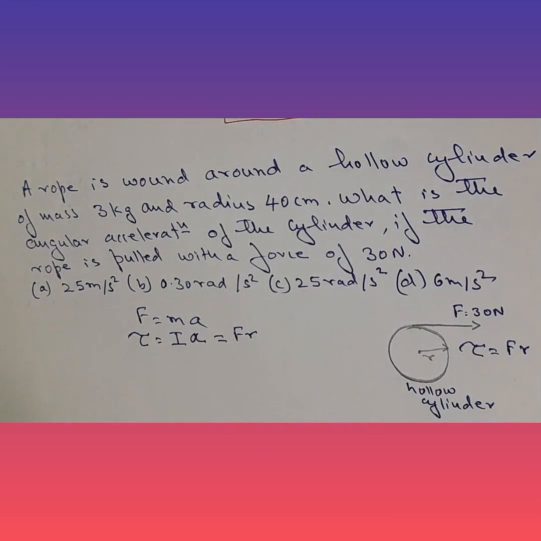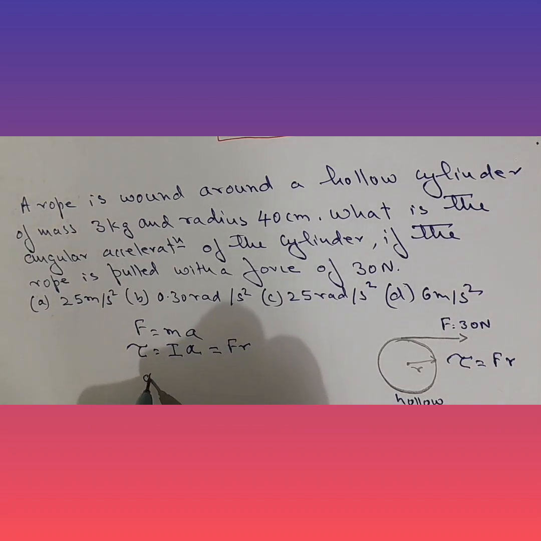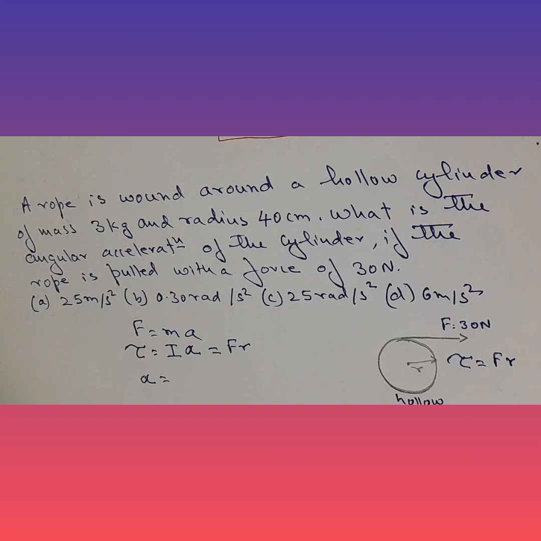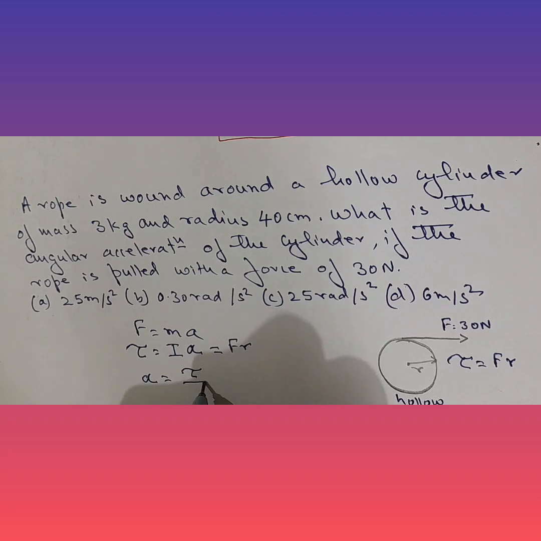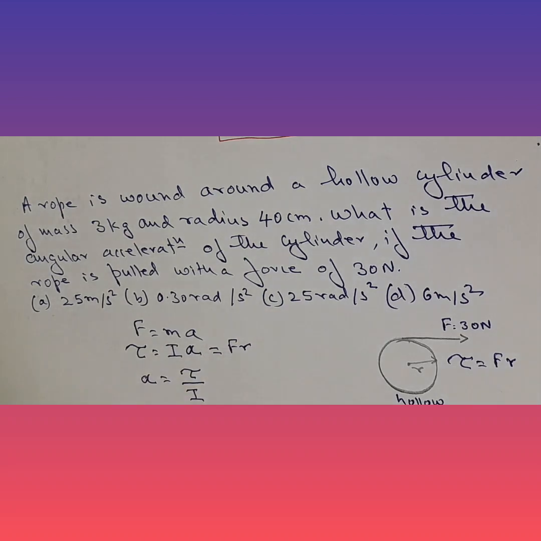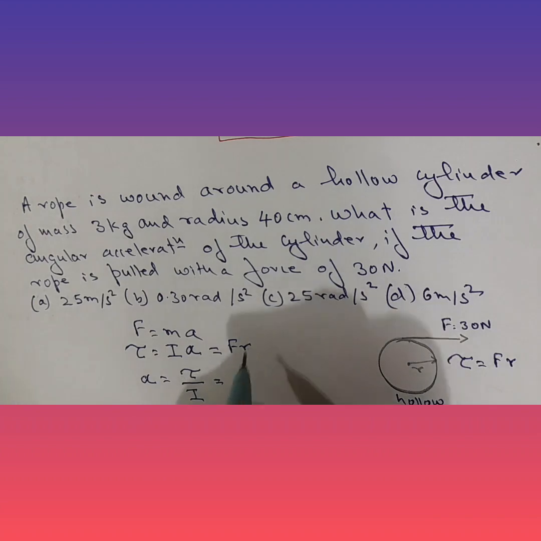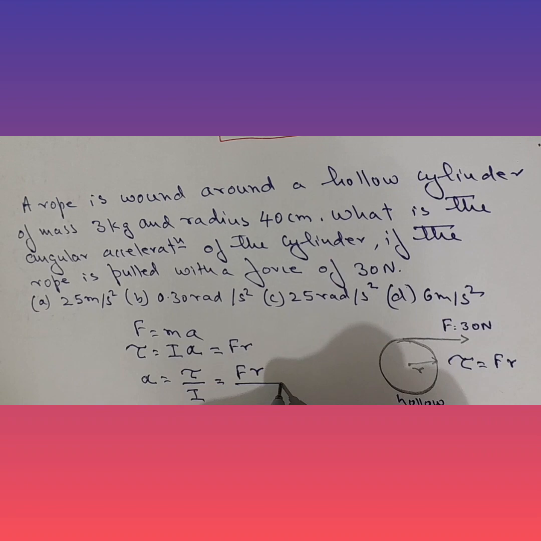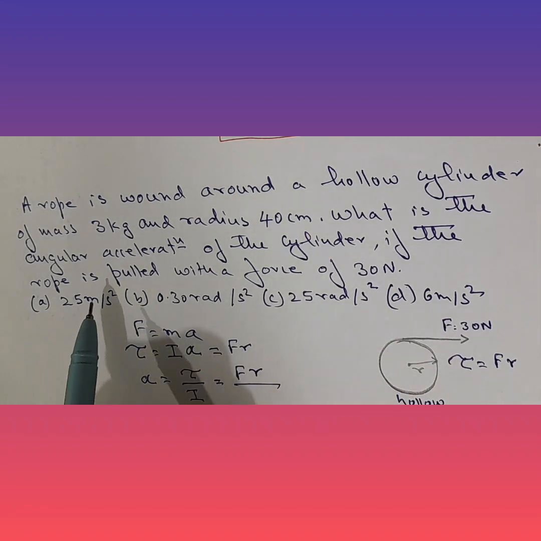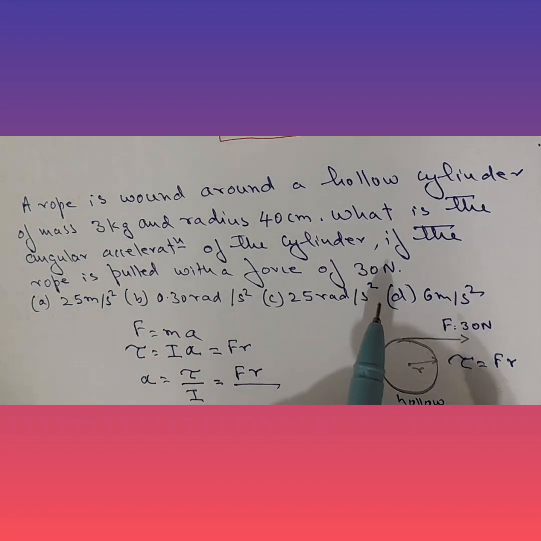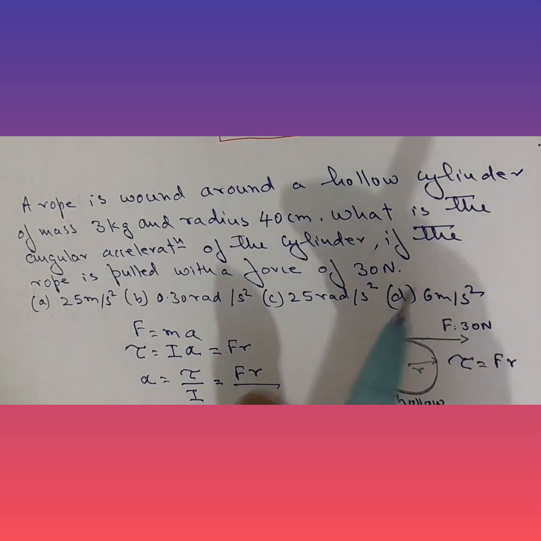So what's our mission? Our mission is to find angular acceleration. So if we intend to find angular acceleration, obviously it would be tau over I. Now tau we can also call F into R, and for moment of inertia, they have already mentioned that it's a cylinder, and we know a hollow cylinder is a compilation of rings, one over the other.